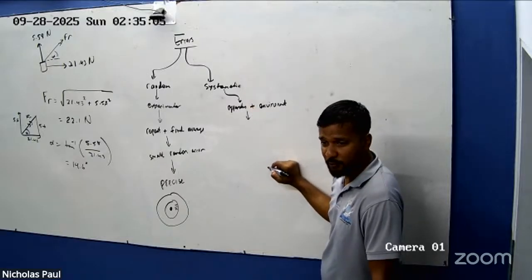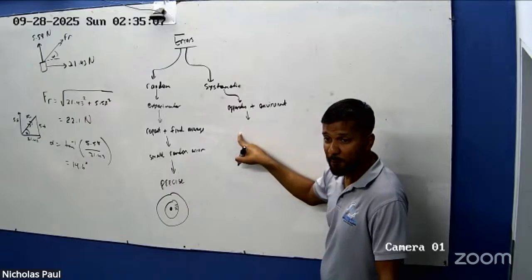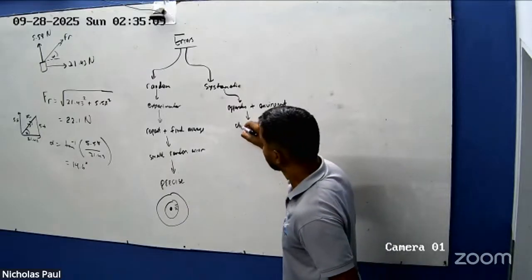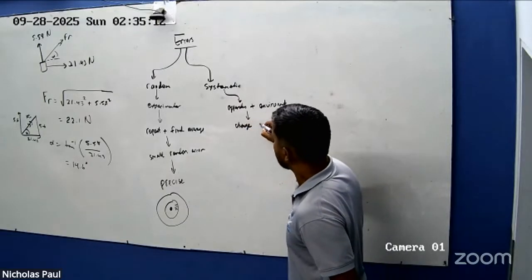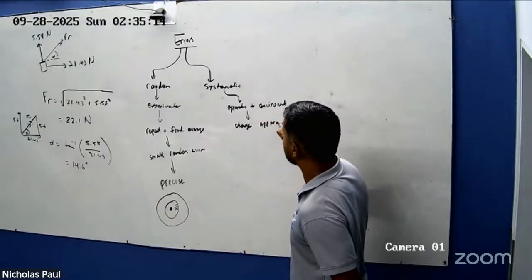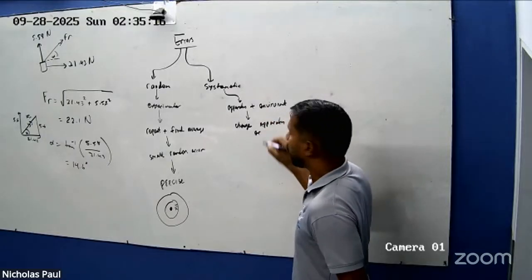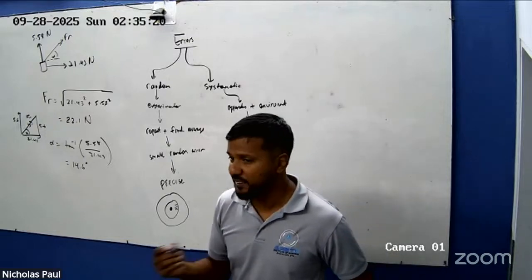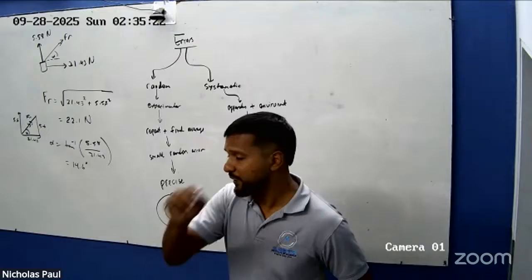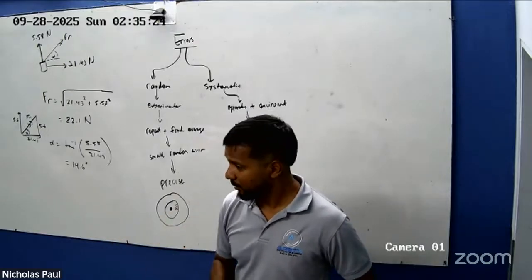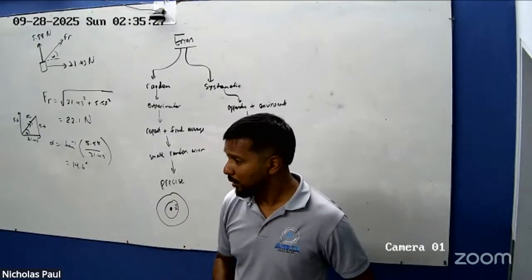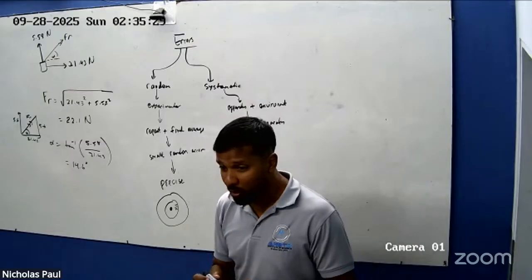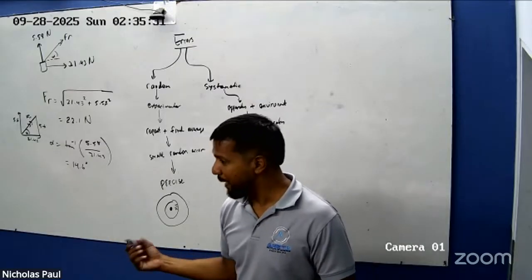Change the apparatus. Or what else can we do? Suppose you go on a scale, but the scale is not at 0, it's at 3. What do you have to do? You have to zero it, or minus 3 from the values.